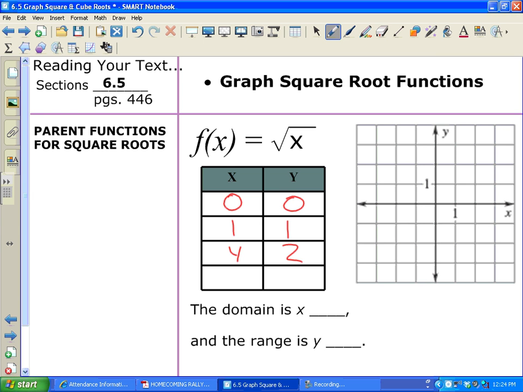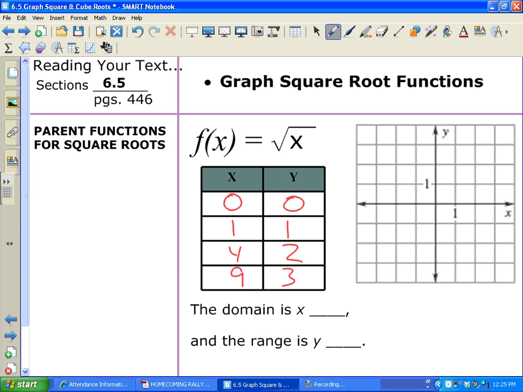I'm going to choose one more number to get this parent graph sketched. The next number I'm going to choose, wait for it, not 5, not 6, not 7, not 8, but 9. I chose 9 because it is also a perfect square. The square root of 9 is 3.